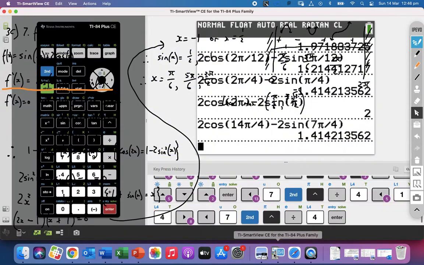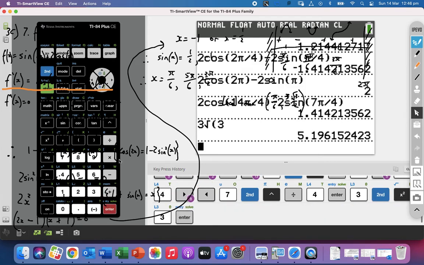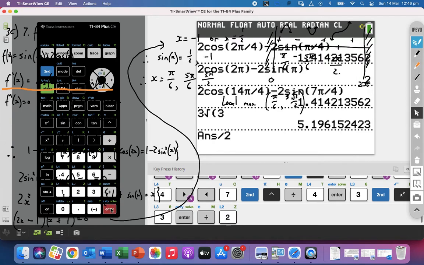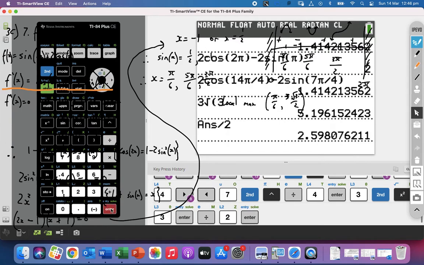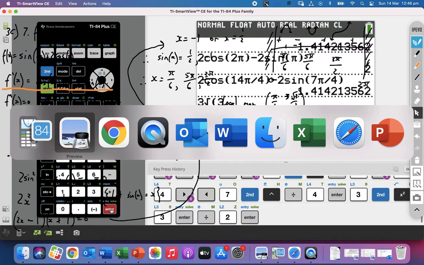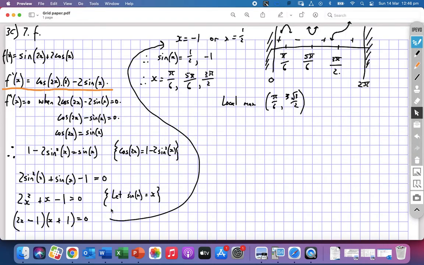So let's just put in 3 root 3 on 2. 3 root 3, got to half that, so it's about 2.5-ish. 2.6, okay. 2.6, try and remember that. Where we're going with this is we're going to have to draw ourselves a little curve, right? We only have to go up to 2 pi and start at 0.